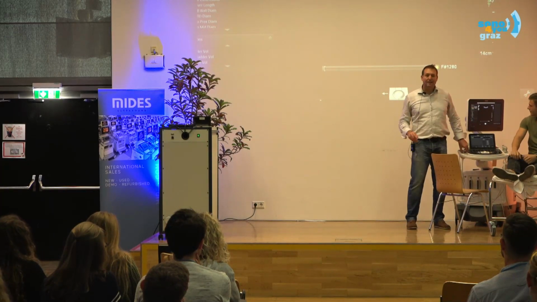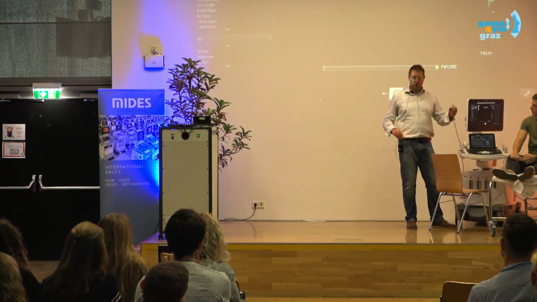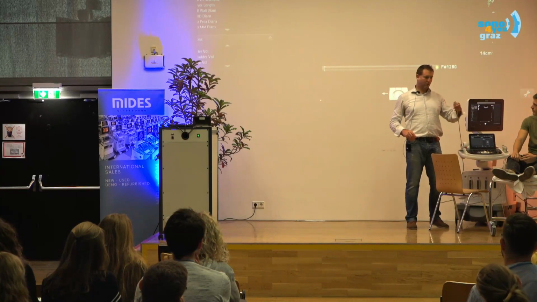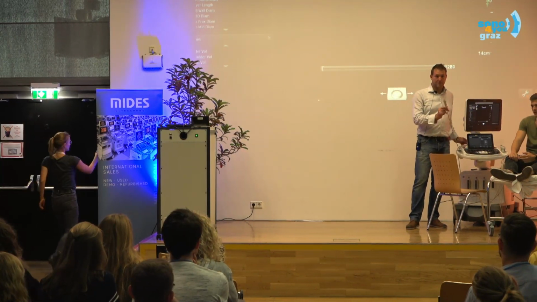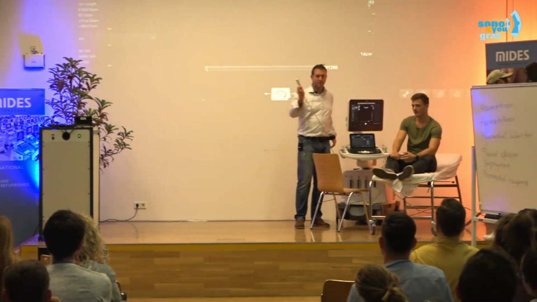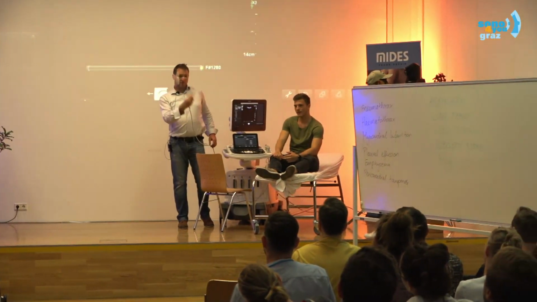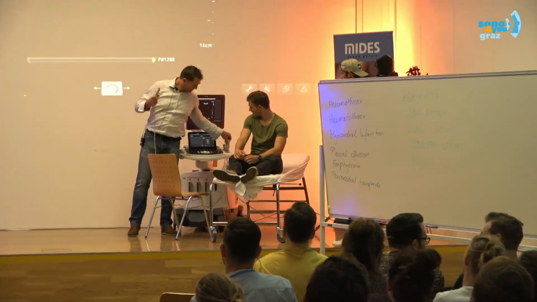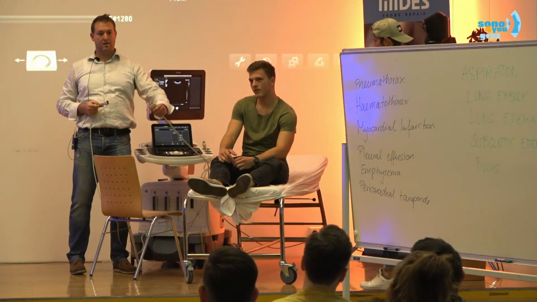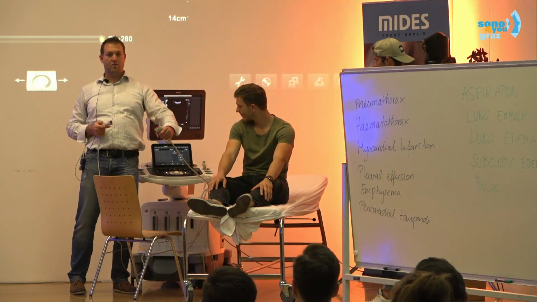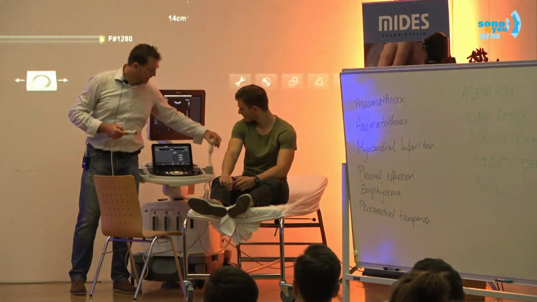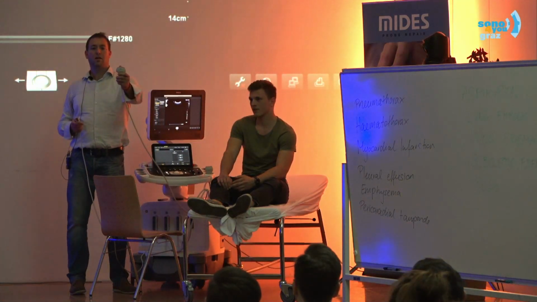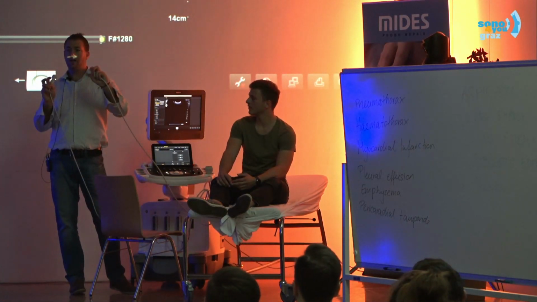You know that we use different probes in ultrasound, right? How is this one called? Cardiac, phased array. This one? Linear or vascular, also for nerve blocks. And this one? Curved, abdominal.